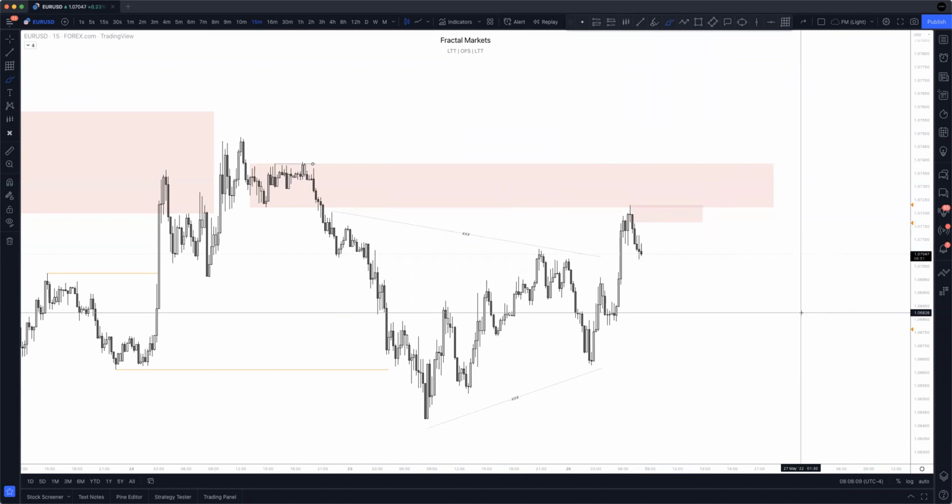Alerts aren't just for POIs. Alerts are to basically keep you away from the charts, because how many people sit here staring at a chart, glued to the 1 minute, glued to the 5 second, glued to the lower time frame, trying to force some sort of a trade? Most people do. And it's a normal thing.